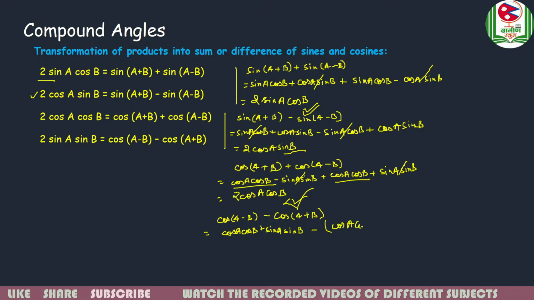One is negative, so minus cos A cos B minus sin A sin B. So the result is cos A cos B plus sin A sin B minus cos A cos B, minus minus plus sin A sin B. And what is going to be cancelled out?